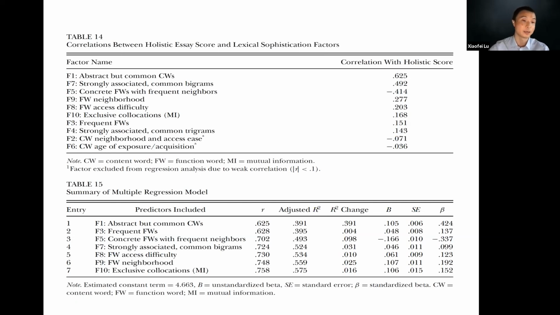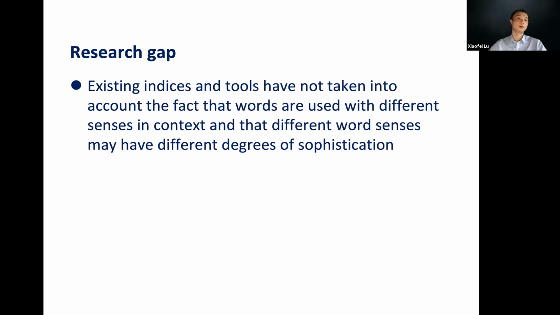And they found that, again, different dimensions were contributing to the explanatory power of lexical sophistication. I think the main idea here is that it should be seen as a multidimensional construct. So all of that shows us that we do have a good grasp of how we can approach lexical sophistication. And also we know that it does play an important role in L2 production quality, okay?